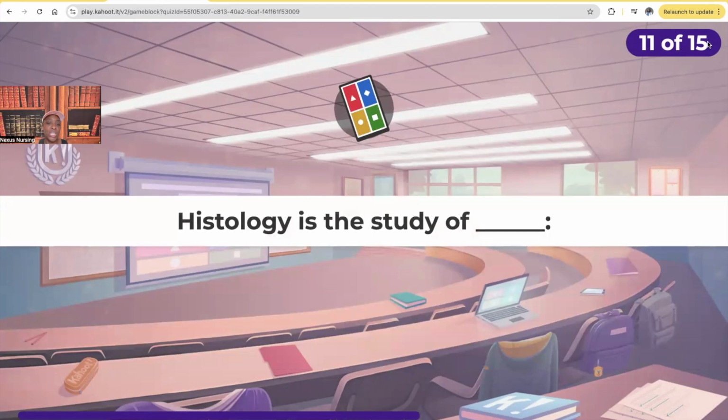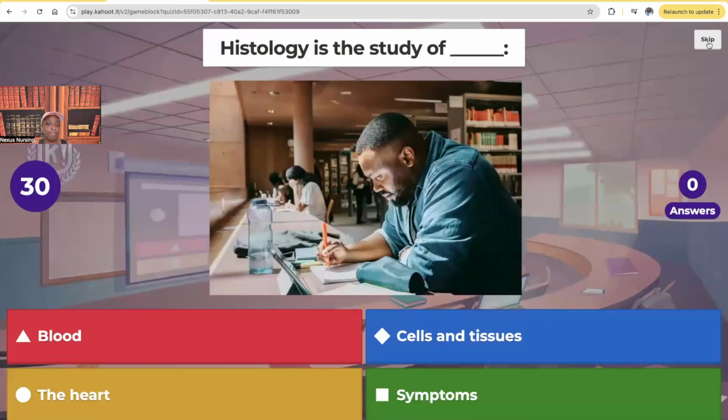Okay, histology is the study of what? Blood, cells and tissues, the heart, or symptoms. Histology is the study of blank.